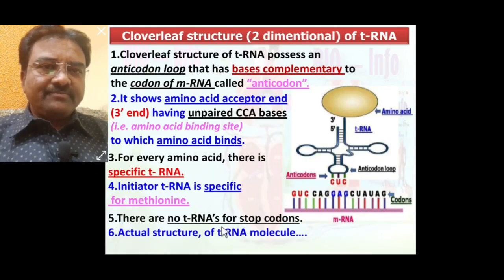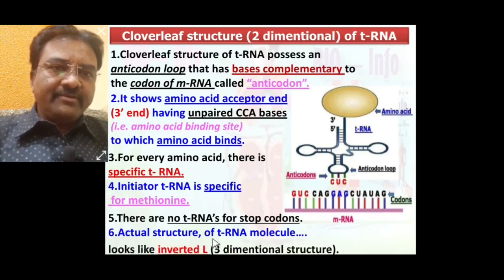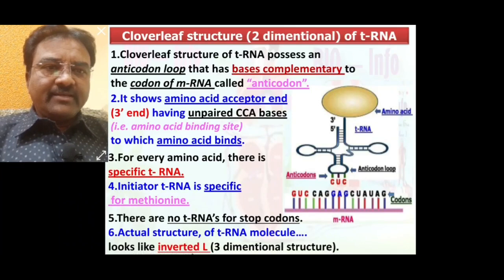Now the actual structure of the tRNA molecule looks like an inverted L, as seen here. The clover leaf structure of tRNA is actually an inverted L in three-dimensional structure.